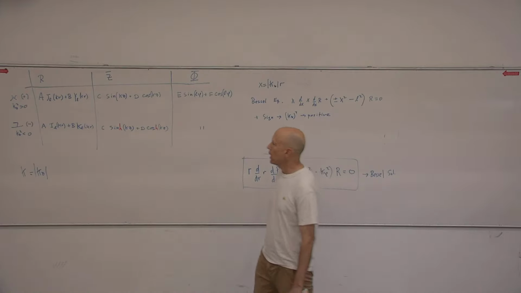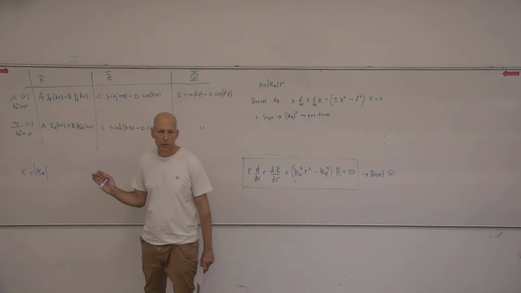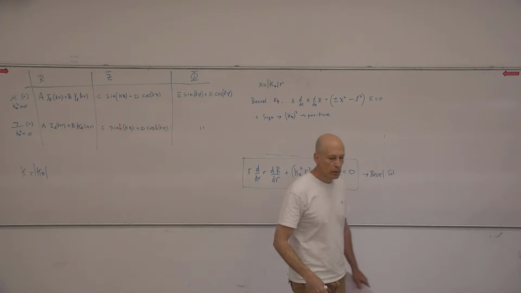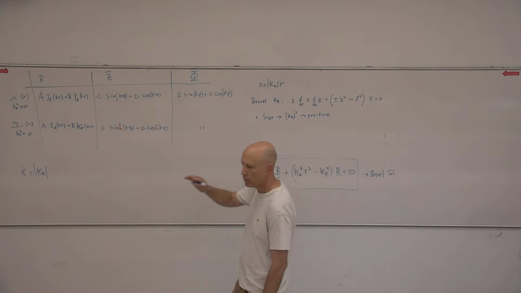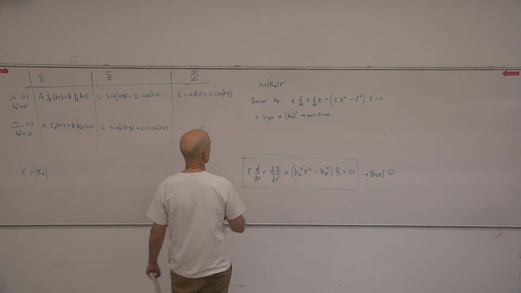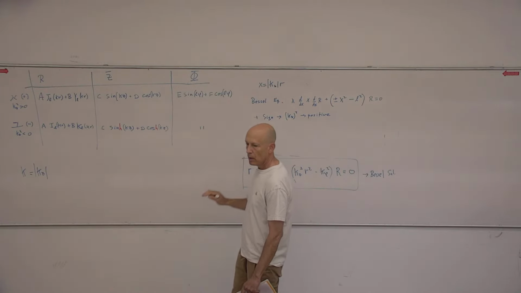The first two are Bessel functions of the first kind. These are modified Bessel functions. You have tables, how they behave at large distances, short distances, series expansions. All of them are solutions of this basic Bessel equation with the appropriate sign.